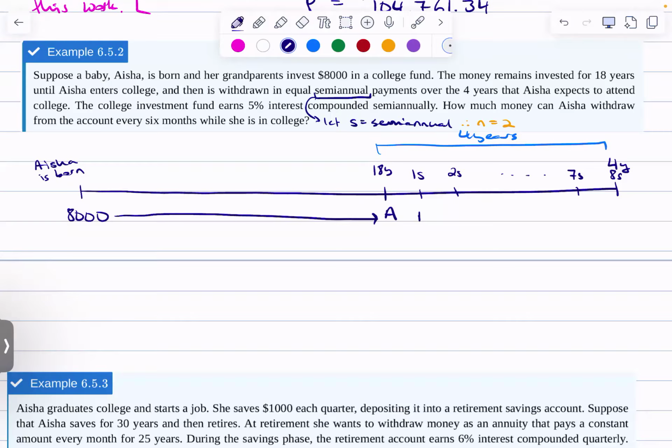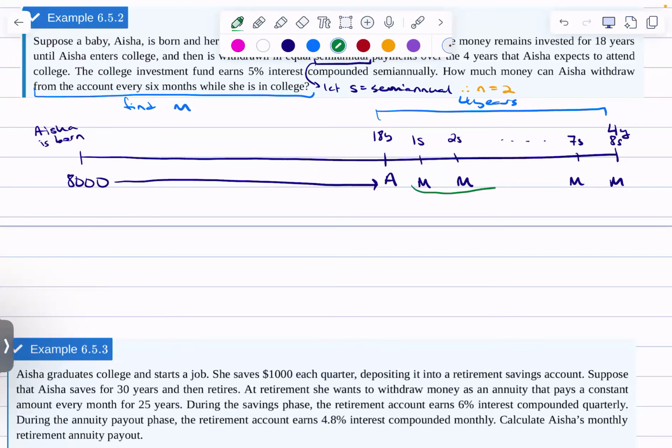Now, these amounts, we don't know what they are. In fact, we need to solve for what they are, right? And so here, we want to find M. How are we going to link these up? Well, here's the tricksy part, but once you've seen it a couple of times, you're going to think, oh, I know how to do this.